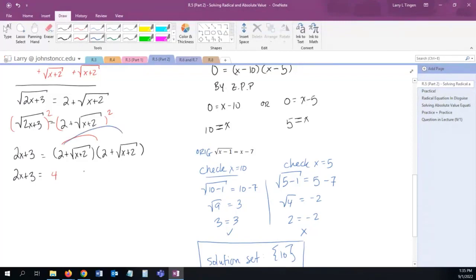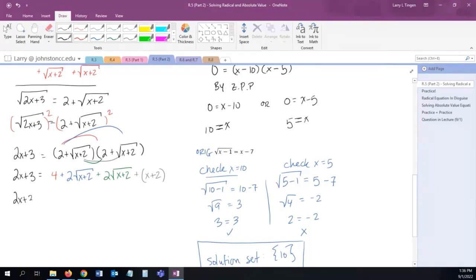Outer, 2 times the square root of x plus 2 is 2 square root x plus 2. Inner, 2 square root of x plus 2. And then last is the square root of x plus 2 times the square root of x plus 2, which is x plus 2.